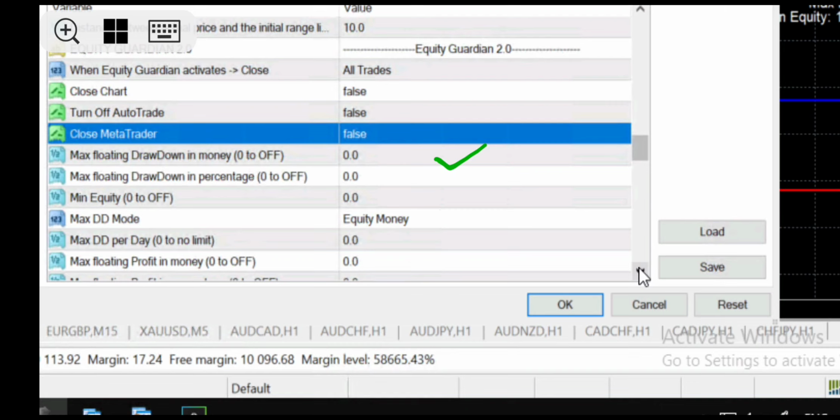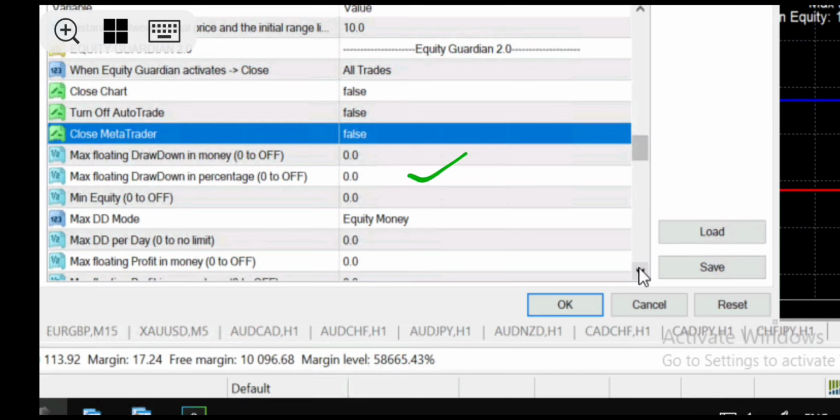So here you can calculate, for a 10k account, 2% of 10k is 200. So you can just come in and type 200 here. So if there is a floating loss of 200, then the equity guardian closes all the running positions. Or you can put it here in percentage.